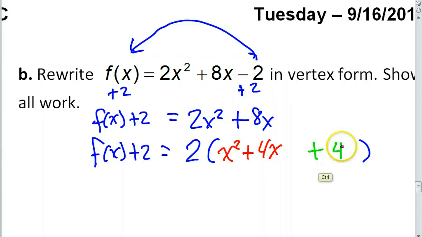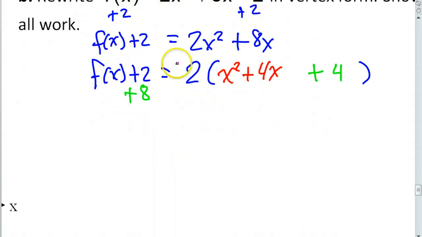This is not really a 4 right here, because of the distributive property, this is really 2 times 4. It's an 8. So I need to put an 8 on the left side to balance it out, not a 4. That's the trickiest part. Did you catch that? Do you remember that? The hard part's over.